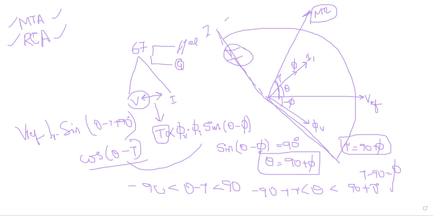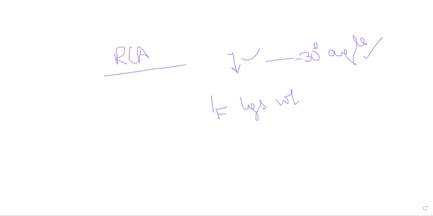Suppose, let's assume a fault occurred, and the fault angle is minus 30 degrees. So it seems that the fault current lags the reference voltage by 30 degrees.